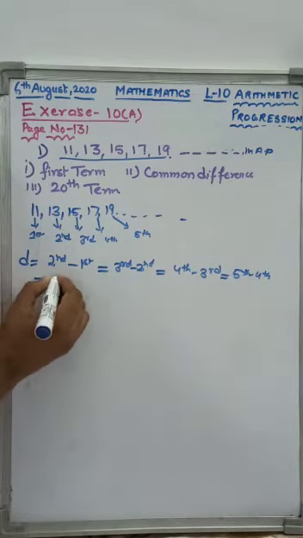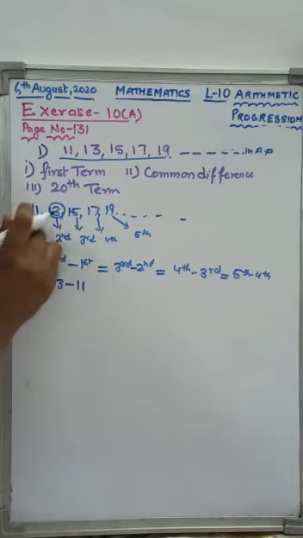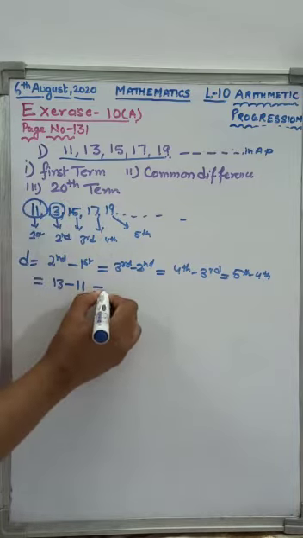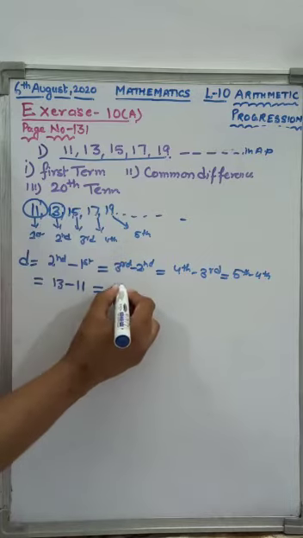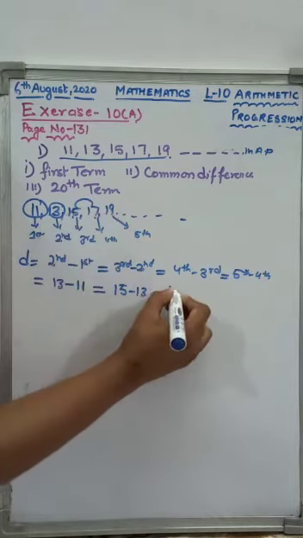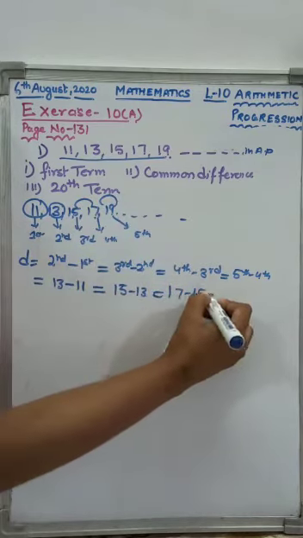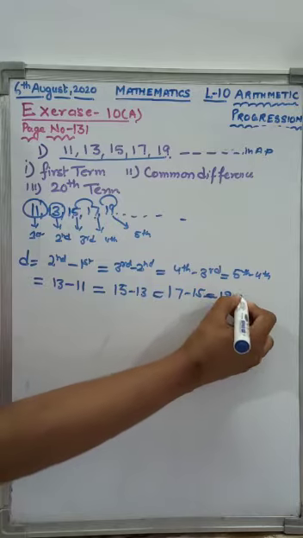So, let's see. Second is 13. 13 minus 11 equals 15 minus 13, 17 minus 15, 19 minus 17.